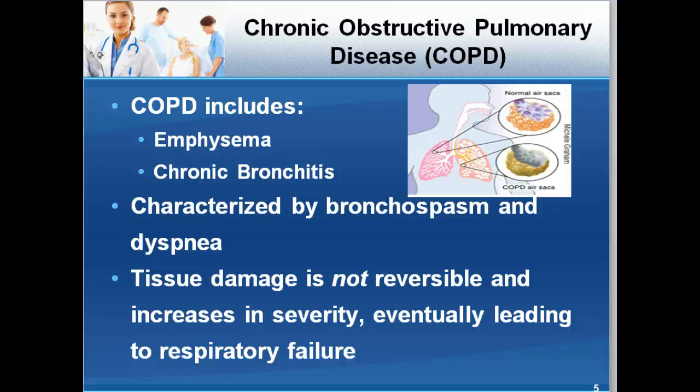Under COPD, you have two categories, mainly emphysema and chronic bronchitis. These diseases are characterized by bronchospasm and shortness of breath, which is dyspnea. If there's tissue damage, it's not reversible and it increases in severity, and eventually it leads to respiratory failure.